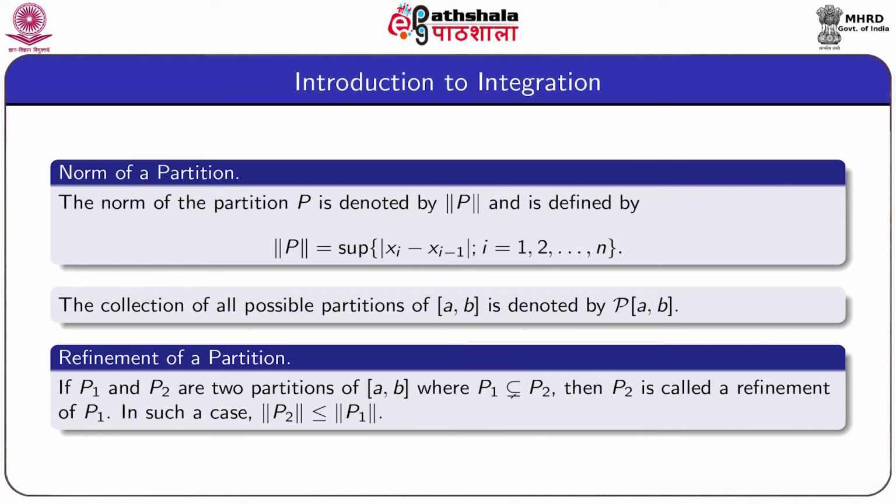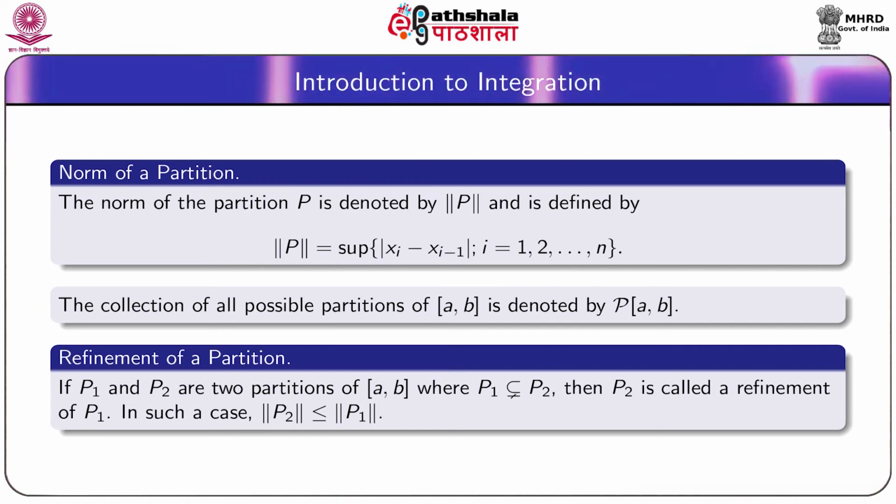Norm of a partition. The norm of the above partition P is denoted by norm P and defined as the supremum of the lengths of the subintervals, that is, the supremum of modulus of xi minus xi minus 1, where i runs from 1 to n. The collection of all possible partitions of [a, b] is denoted by the symbol script P[a, b].